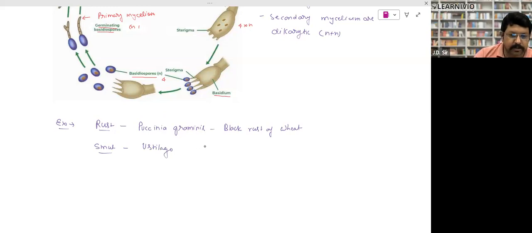So smut disease affects the corn plant, right? And mushroom is also an example. Mushroom is an edible fungi, and the name of mushroom is Agaricus campestris, right? Agaricus campestris.